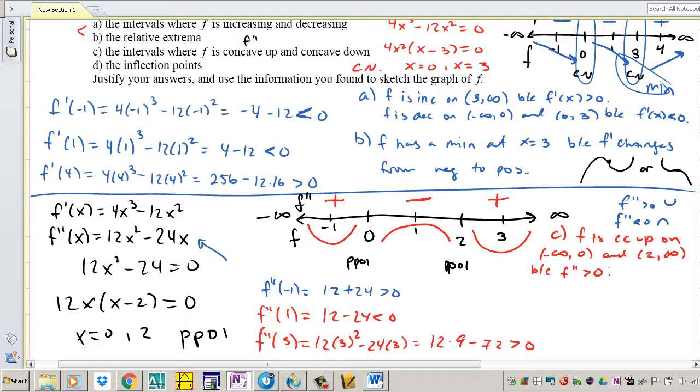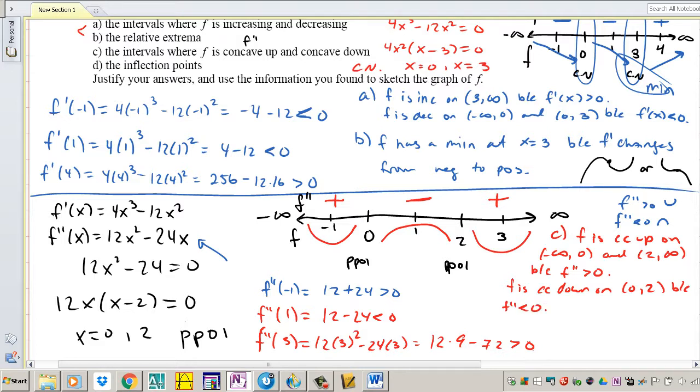Notice that the reasoning is very much similar to the increasing decreasing reasoning. You have to use the calculus here. It's almost the exact same explanation, except now we're talking about the second derivative and concavity. So f is concave down on 0 to 2, because f double prime is negative.